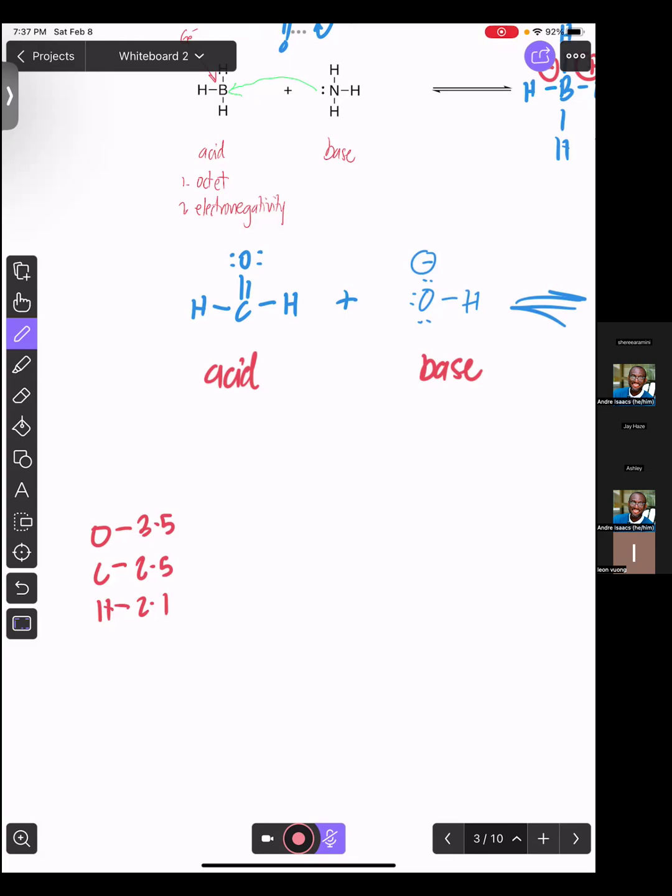We give it to the carbon atom. And the reason why we give it to the carbon atom is because the carbon atom is the one that needs it the most. If you're in a toxic relationship, and your partner is hogging all of the money, why would somebody else come in and give the money to the person that's hogging it? You're going to give it to the person that needs it the most, right?